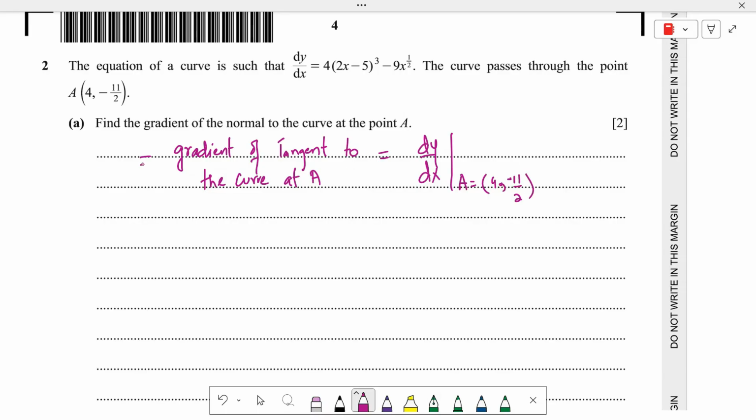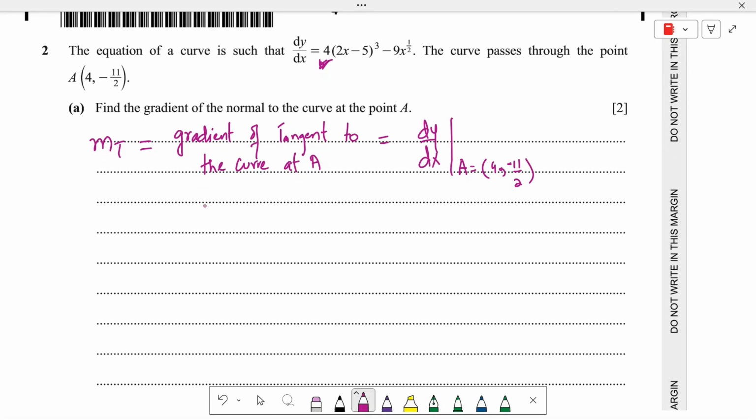This is the gradient of the tangent, mt. Just plug the value of A, which is 4 and negative 11 over 2, into the given derivative equation. So mt is equal to dy over dx at point (4, negative 11 over 2).